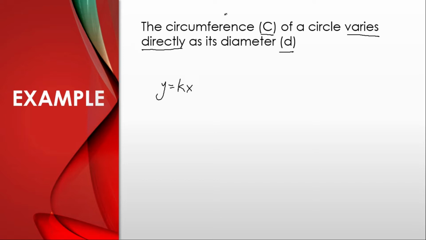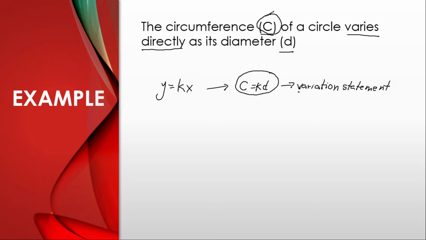So, c, yung unang variable na makikita nyo before itong varies directly, kaya siya yung isa-substitute natin kay y. So, it will become C is equal to k. At yung pangalawa naman, which is the diameter, so, D. Etong equation na yan will be our variation statement. Ganon yung ating pagkuha ng variation statement or equation for the direct variation.